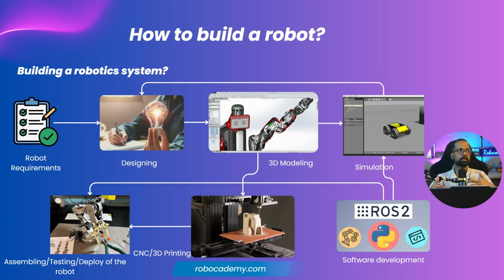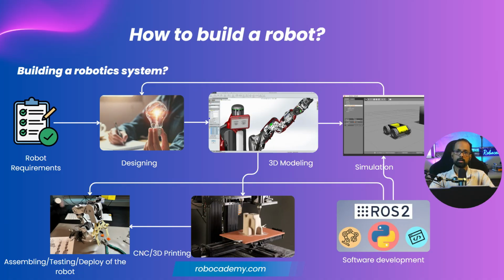After designing, we will recreate the model in 3D CAD modeling software. You may have heard about different 3D CAD modeling software like Fusion 360, SolidWorks, CATIA. There are multiple 3D CAD modeling tools available. So it is a recreation of the robot model in these CAD tools, and this CAD model will have very minute details of the robot structure.